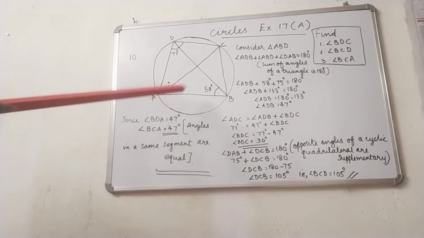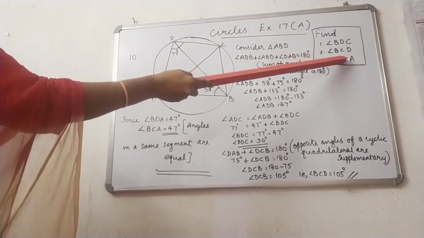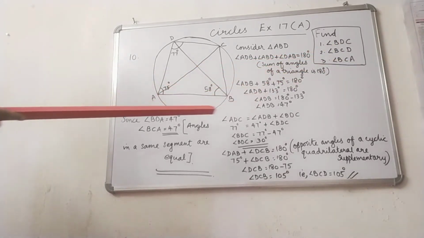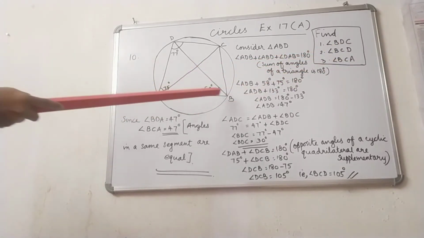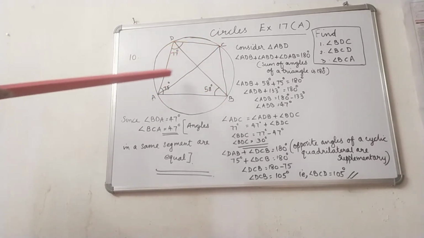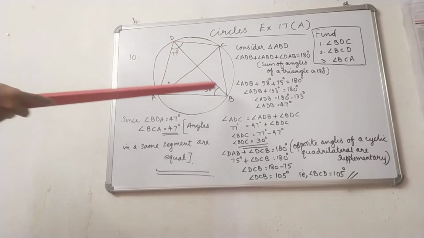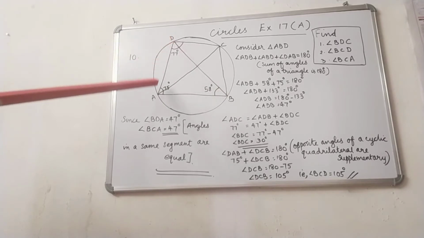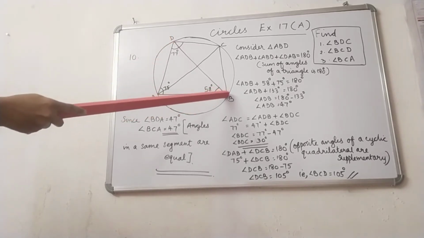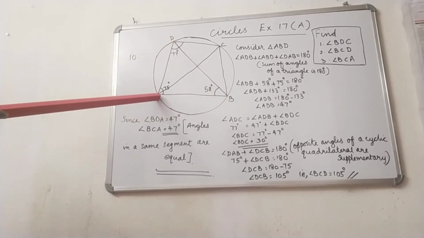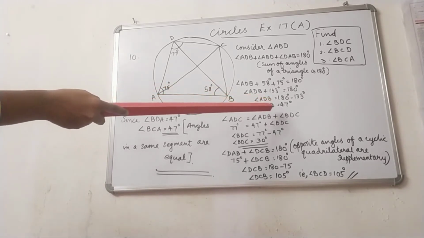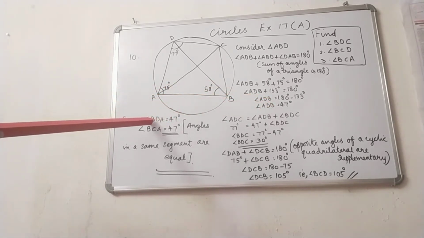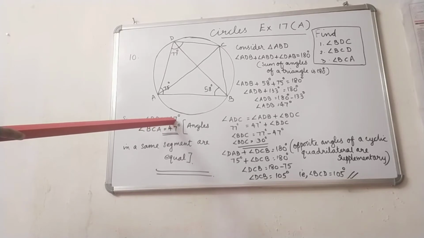Next we want to find angle BCA. BCA and BDA lie in the same segment AB. So we have already got angle BDA is equal to 47.